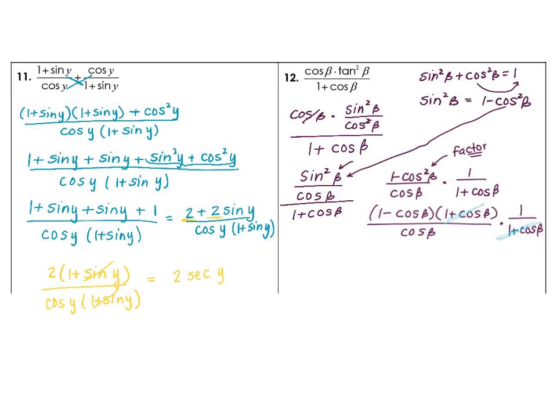And now we can put all of that together over the denominator. And so we're going to have 1 minus cosine beta over cosine beta, and we can decompose that fraction, and we have 1 over cosine beta minus cosine beta over cosine beta.